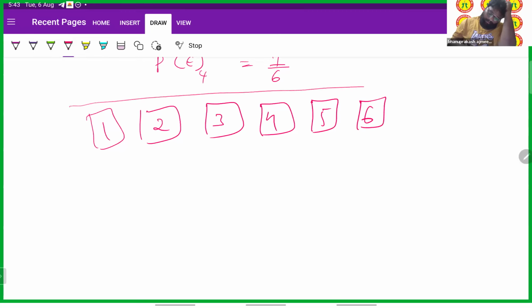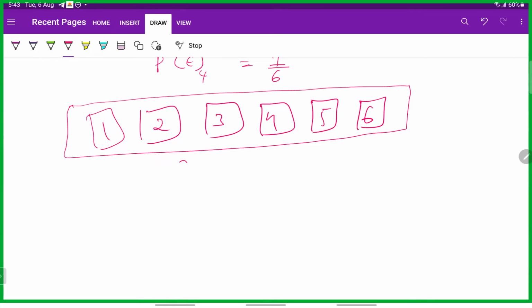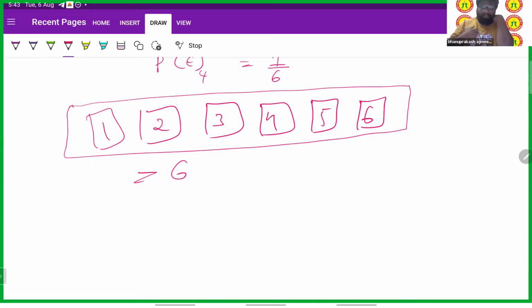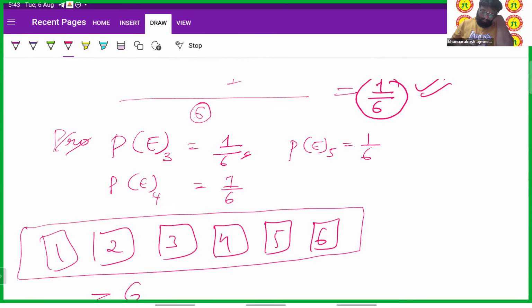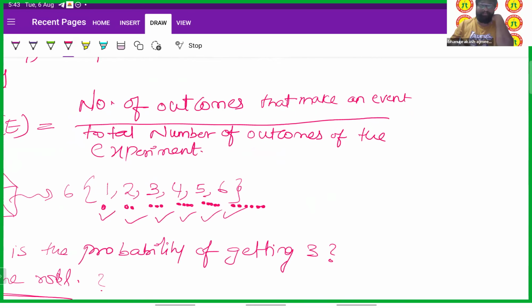What is the total number of outcomes we may get? 6, right? But what am I concerned about? 3. How can you get 3? The number of outcomes that make an event. What is my event? To get a dice number as 3.